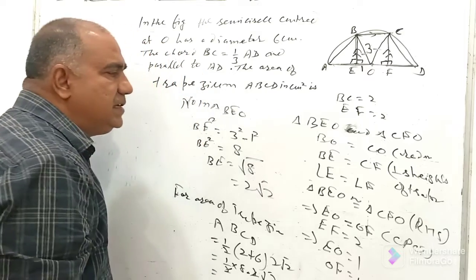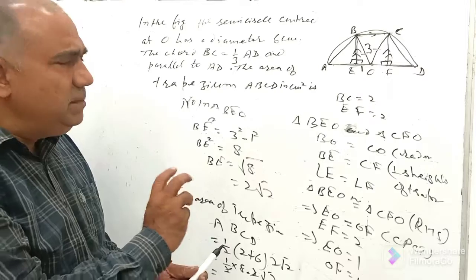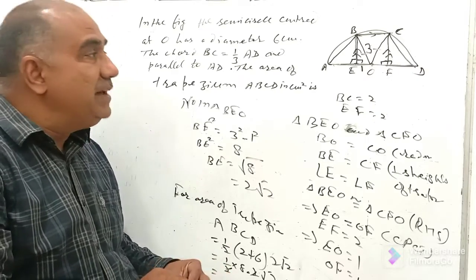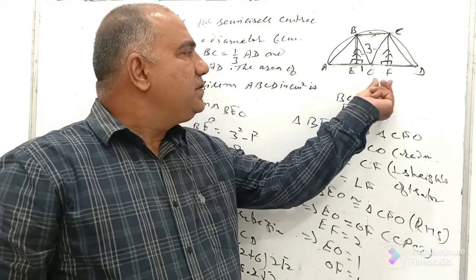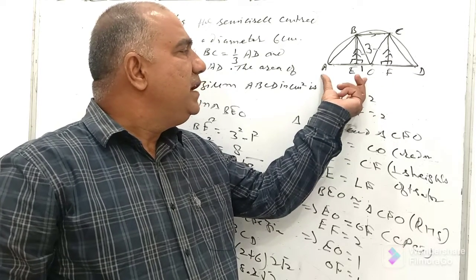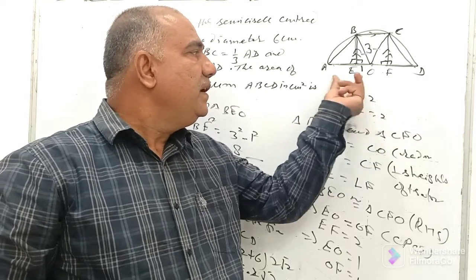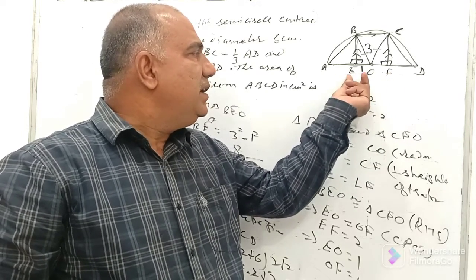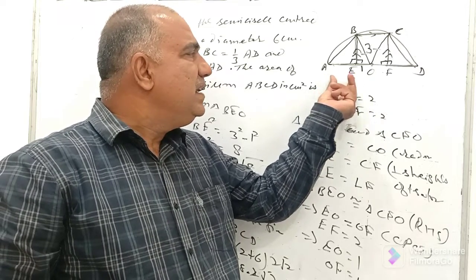That is the answer. This was the easy way of doing it, but if you want to complicate it a little bit, I will not write here, but I will just tell you. When you say EO is equal to OF, you could also see AO is equal to OD, both are radii and both are equal to 3, and EO is equal to OF. So we can also write that AE is equal to FD.